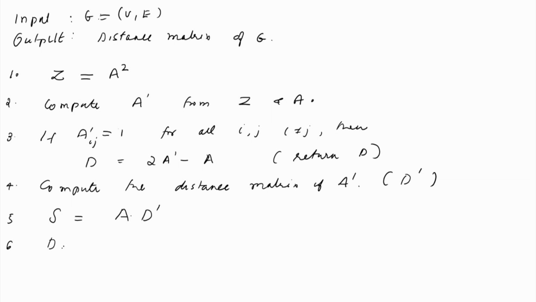So, d_ij is equal to 2 times d'_ij when d_ij was even, and how do we check whether d_ij is even? You have to look at the S_ij entry, and if that is greater than d'_ij times Z_ii. Z_ii was the square of A, the number of paths between i and i of length 2.